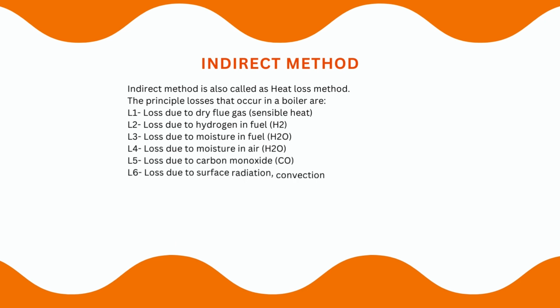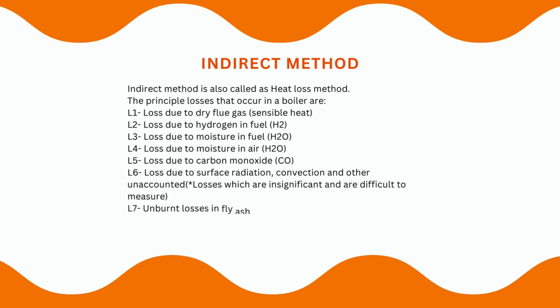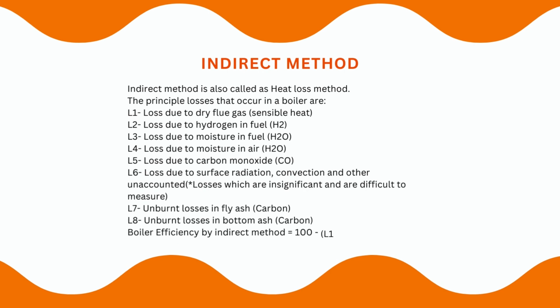The principal losses that occur in a boiler are: L1, loss due to dry flue gases; L2, loss due to hydrogen in fuel; L3, loss due to moisture in fuel; L4, loss due to moisture in air; L5, loss due to carbon monoxide; L6, loss due to surface radiation, convection and other unaccounted losses, which are insignificant and difficult to measure; L7, unburnt losses in fly ash; L8, unburnt losses in bottom ash.